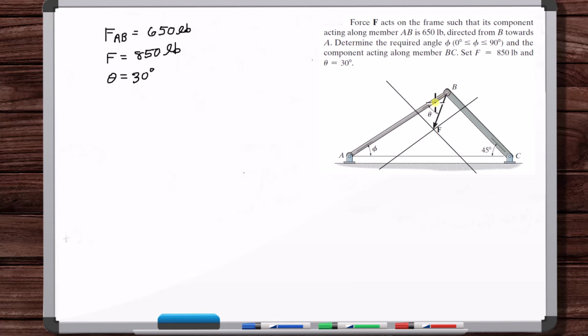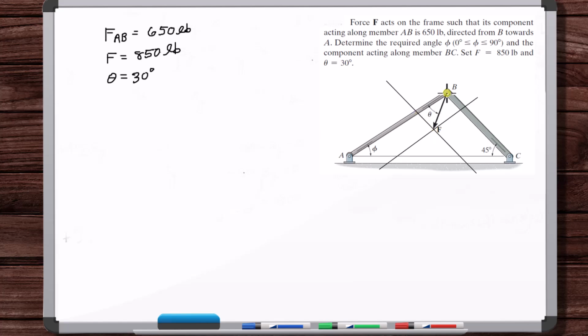Now what else can we draw? Well, the components of F along these directions: you walk along those directions to get from the tail of F to the head of F. So FAB is in this direction, and FBC is in this direction.